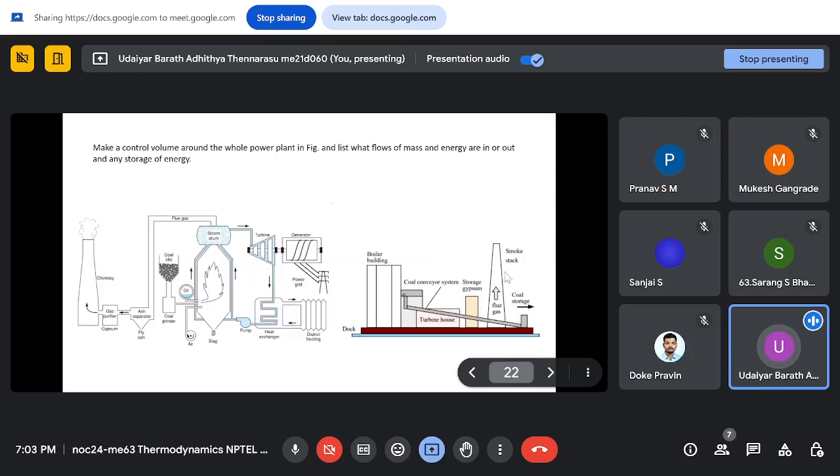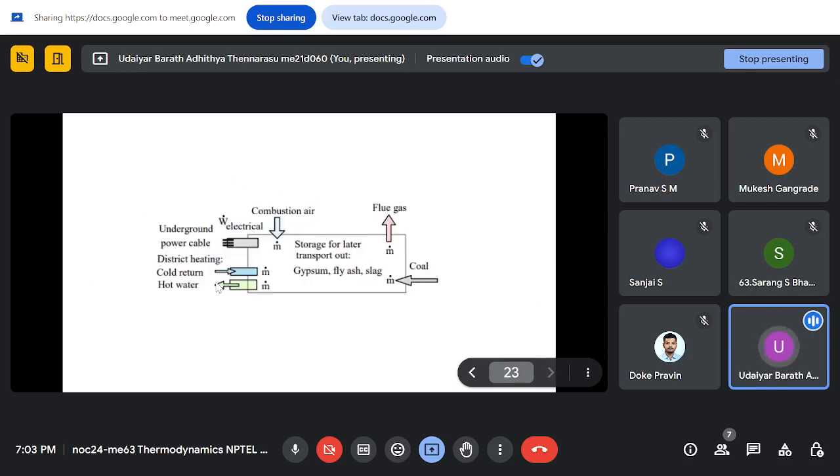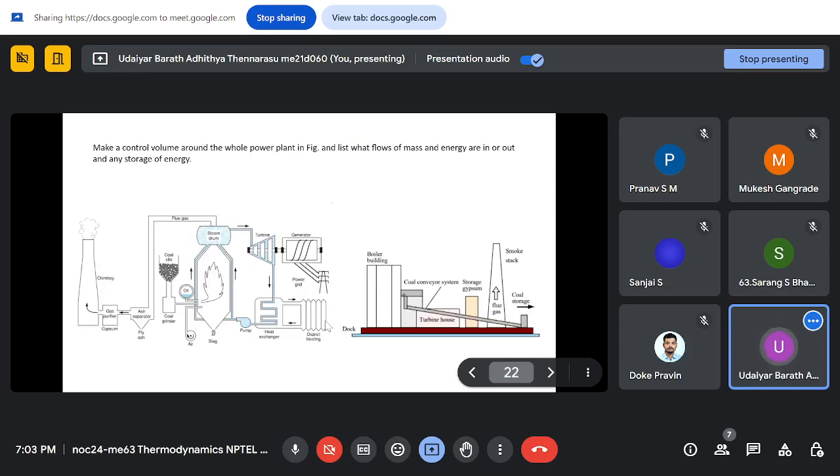If you see, this may look very big, but you can simplify it by putting a control volume across the whole power plant, and you can simplify it into just the mass and energy balances. Now you can study the whole power plant as a simple process. You can do it for any of the components as well.